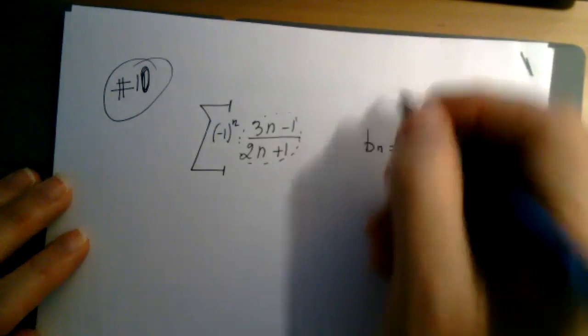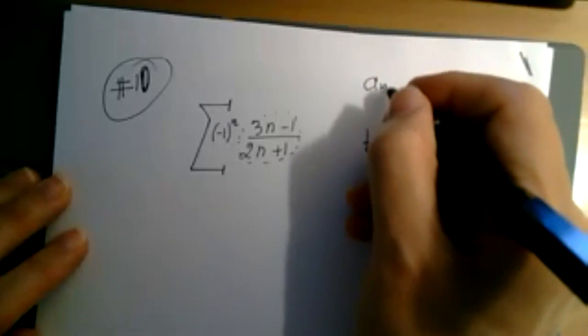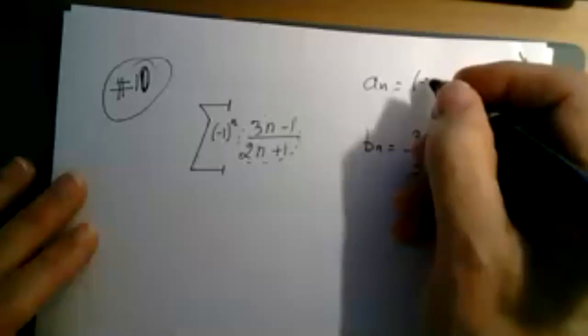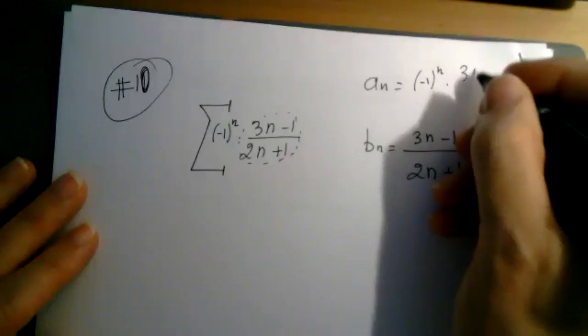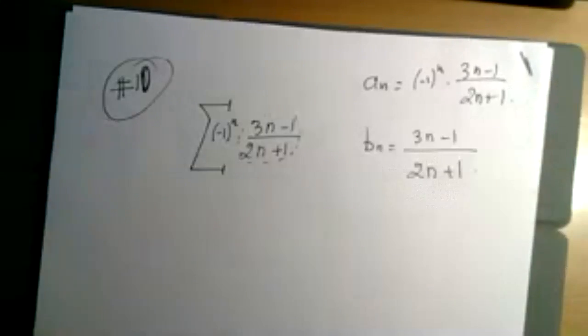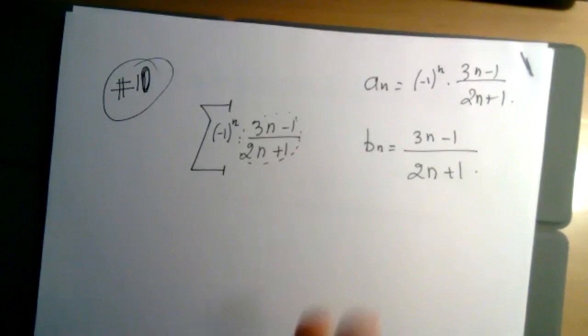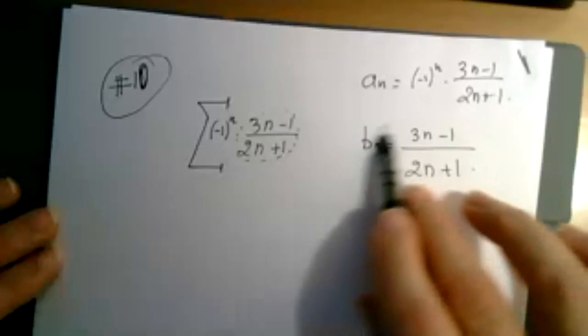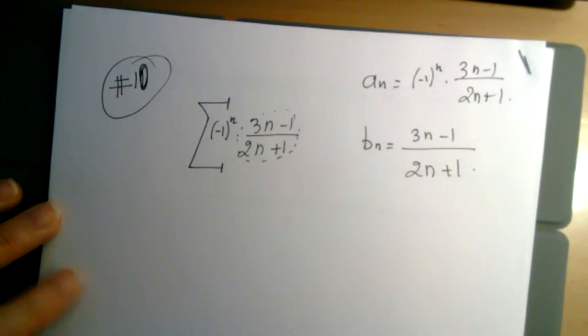And the an means the actual term of the series. The actual terms of the series are minus 1 to the n times 3n minus 1 over 2n plus 1. The bn are only the positive part after they alternate. Does the series converge or diverge? I always check what's happening to the terms as n goes to infinity.